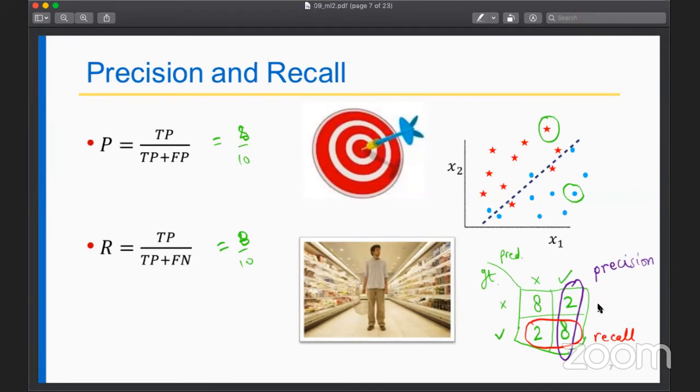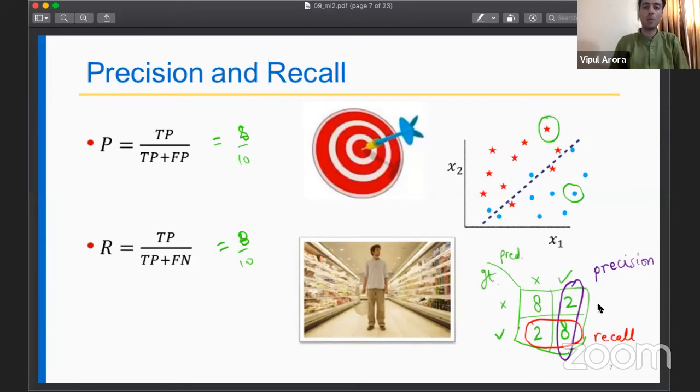So precision means the fraction of how many times you raised your hand correctly. So you raised your hand 10 times in this case, out of which 8 times was correct and 2 times was incorrect. So what is the precision? 8 divided by 10. You raised your hand 10 times, but only 8 times you raised correctly. Precision is like raising your hand correctly divided by total number of hand raises.